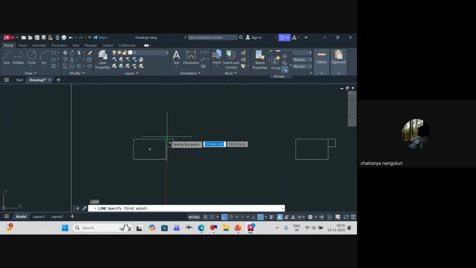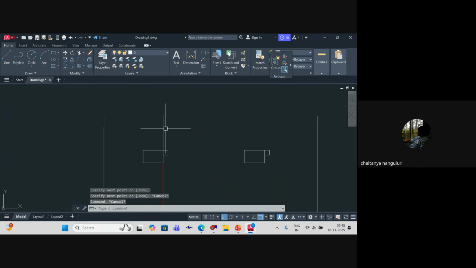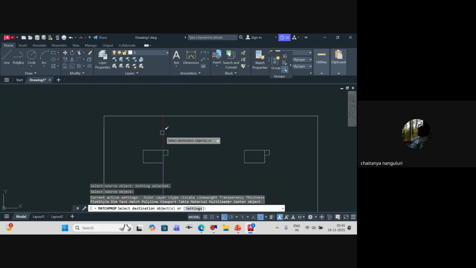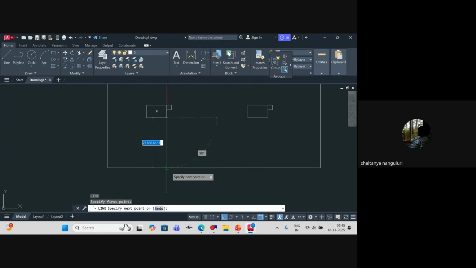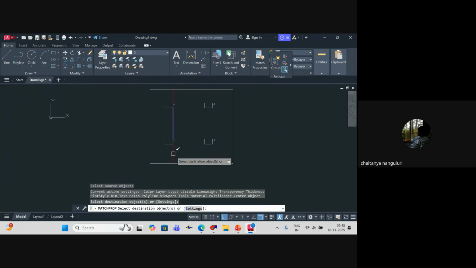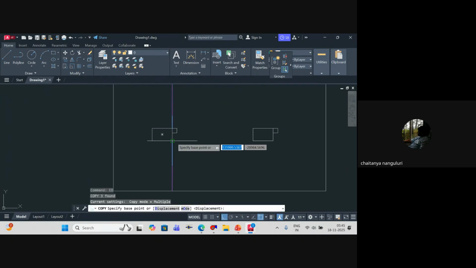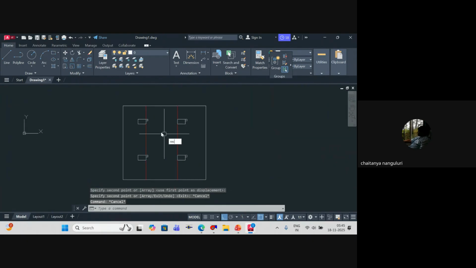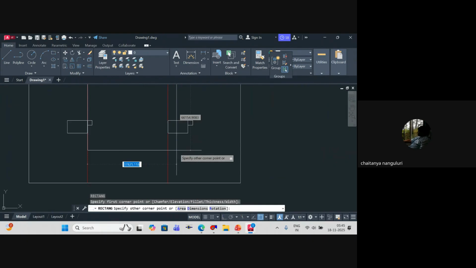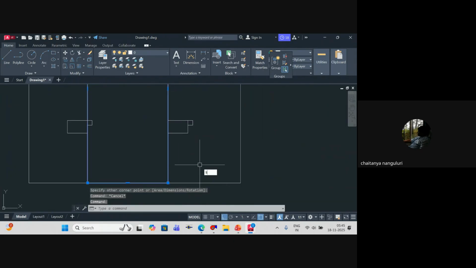The edge wall, I'll take it for my ease of construction. So these are my coordinates. Similarly, I'll take it at this location also. These are my coordinates.